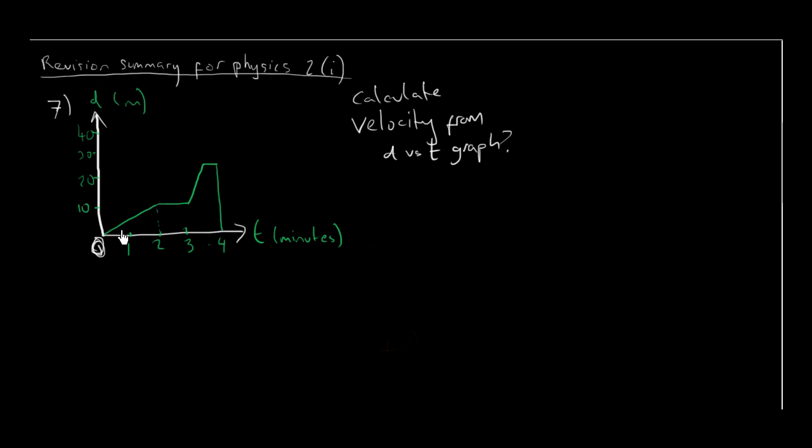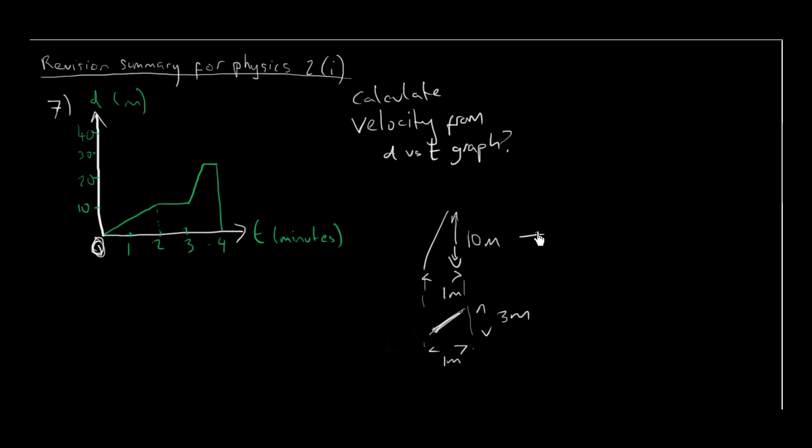So another way of saying that is if there is a big inclination, it means that there is a big change in distance in this amount of time. This could be 1 minute and this could be 10 meters. But if there is a little inclination, then within also 1 minute, the same width as here, that inclination means there's less change in distance, this could be only 3 meters maybe, for the same amount of time.